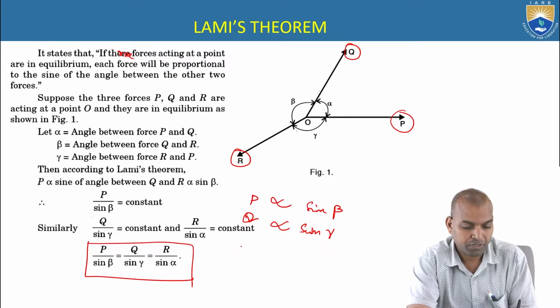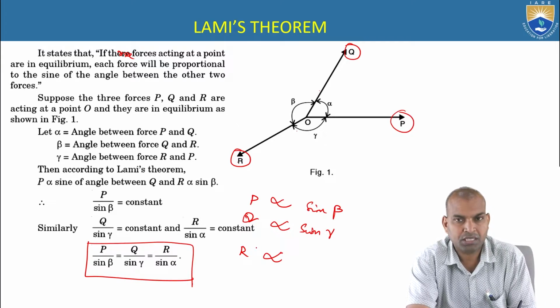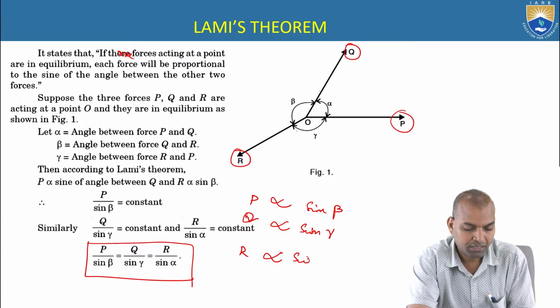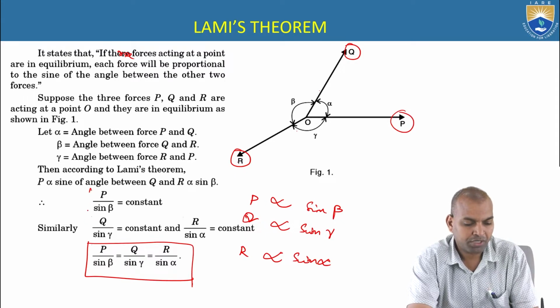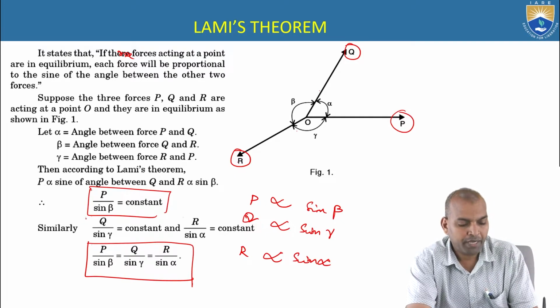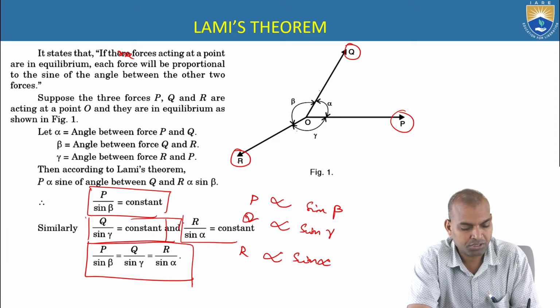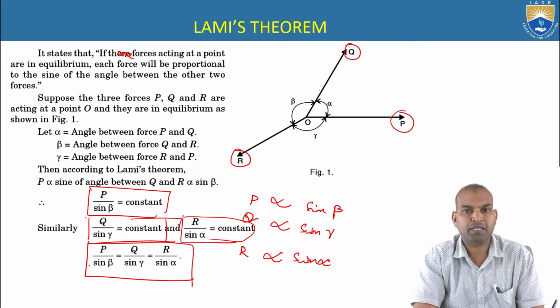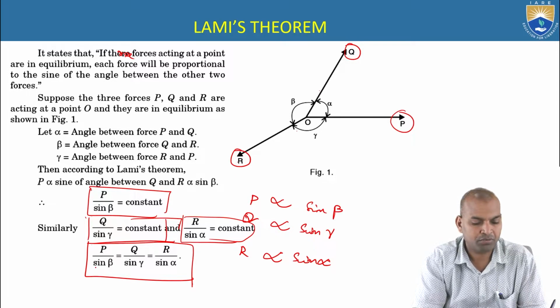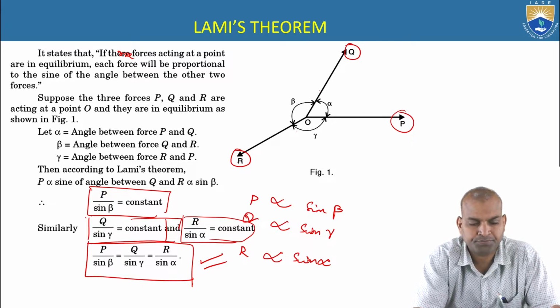The next, what about R force? R is proportional to the sine of the angle between the other two forces, Q and P, that is sine alpha. So P by sine beta equal to constant, Q by sine gamma equal to constant, and R by sine alpha equal to constant. Thus, equating these constants, P by sine beta equal to Q by sine gamma equal to R by sine alpha. This is known as Lami's theorem.